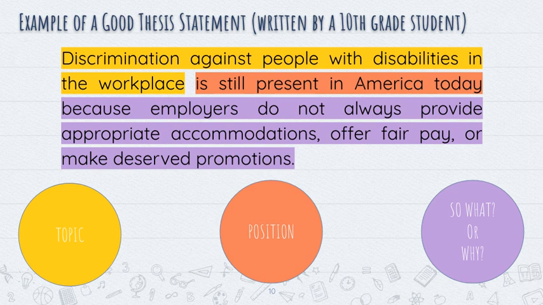And the so what or the why, you can think of this as your reasons to support your position or the big ideas that support your position. And this writer presents three. In purple, employers do not always provide appropriate accommodations is one, offer fair pay, two, and make deserved promotions is three.